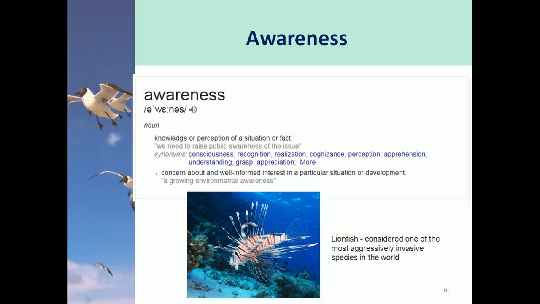Awareness is rather loosely defined. For example, it can mean simply having a general impression or superficial knowledge of a topic. Public awareness of issues such as invasive species is steadily growing. For example, although we are aware that certain habits may be bad for our health, we may not understand the actual biological and chemical processes involved.